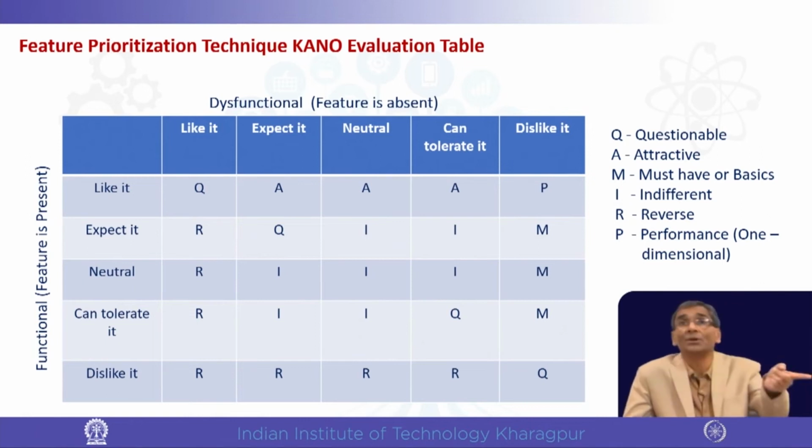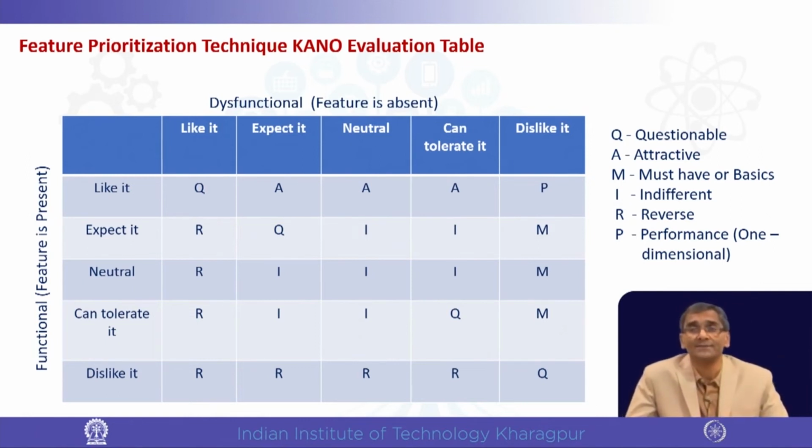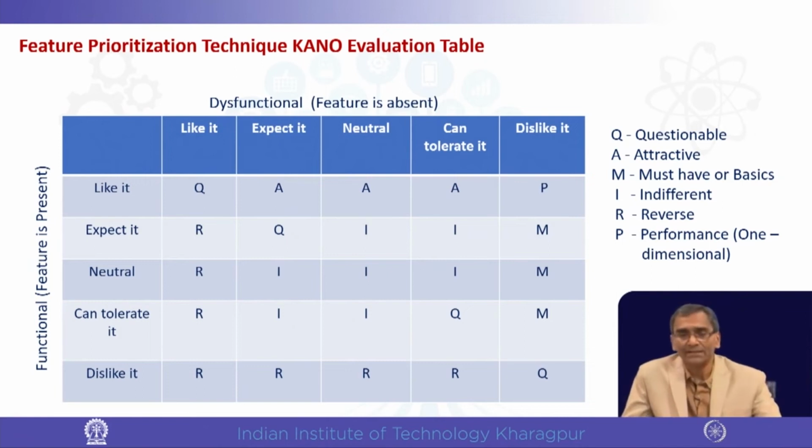Say for example, if it is neutral to me when it is present, and neutral when it is absent, then it is indifferent. So, this is how the indifferent, must have or basic, etc. are categorized in this matrix.